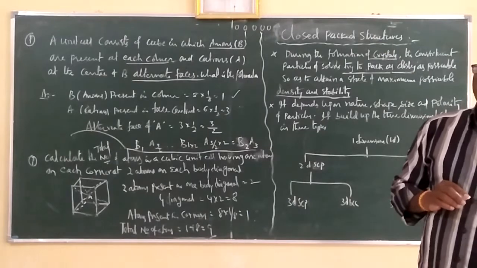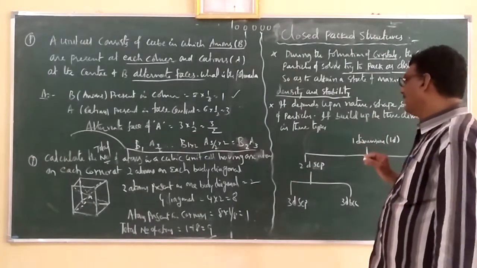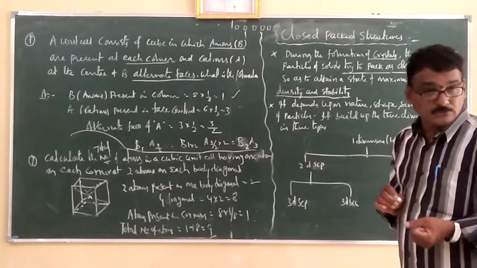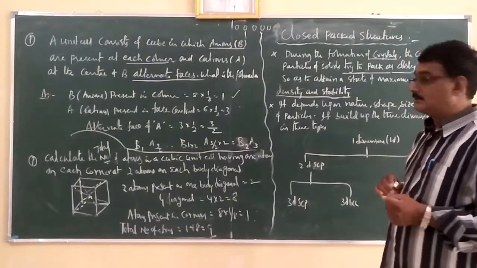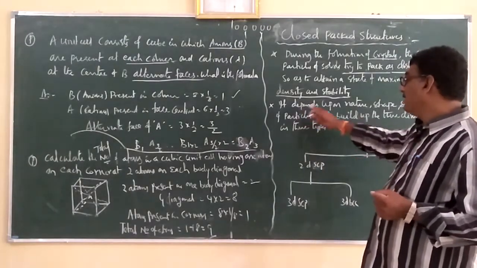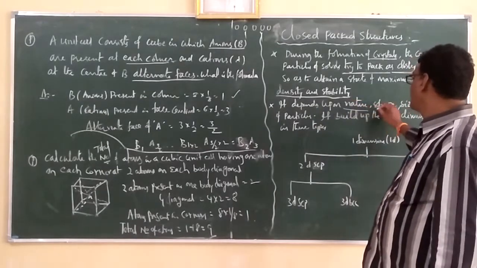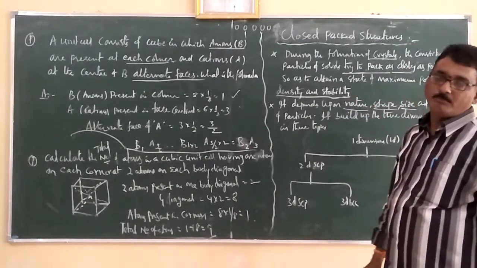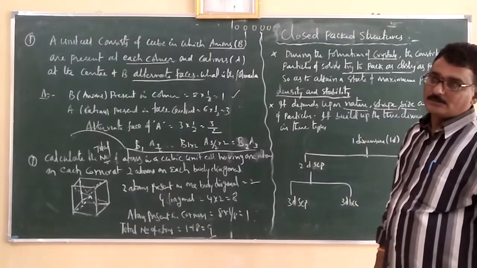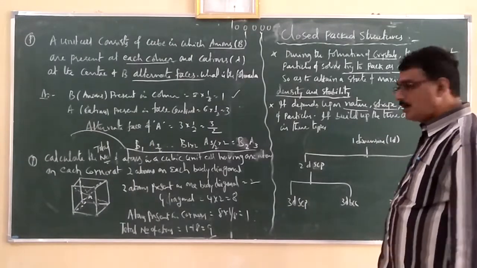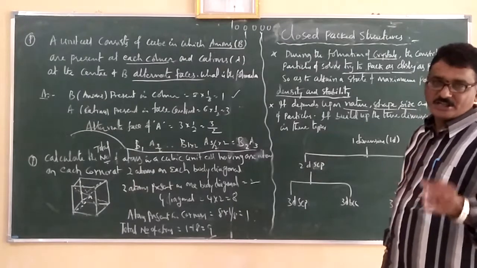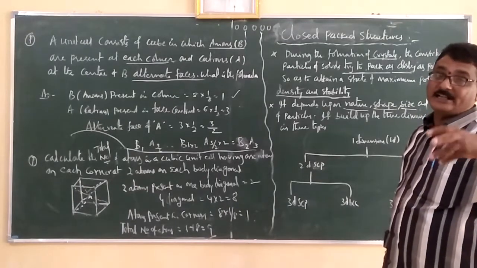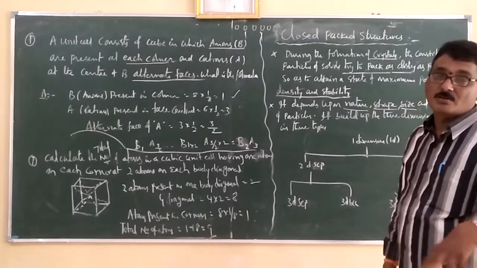Okay. Based on this, we have to divide into different types of closed packing structures. It depends upon the nature, shape, size and polarity of the particles present in a solid crystal.